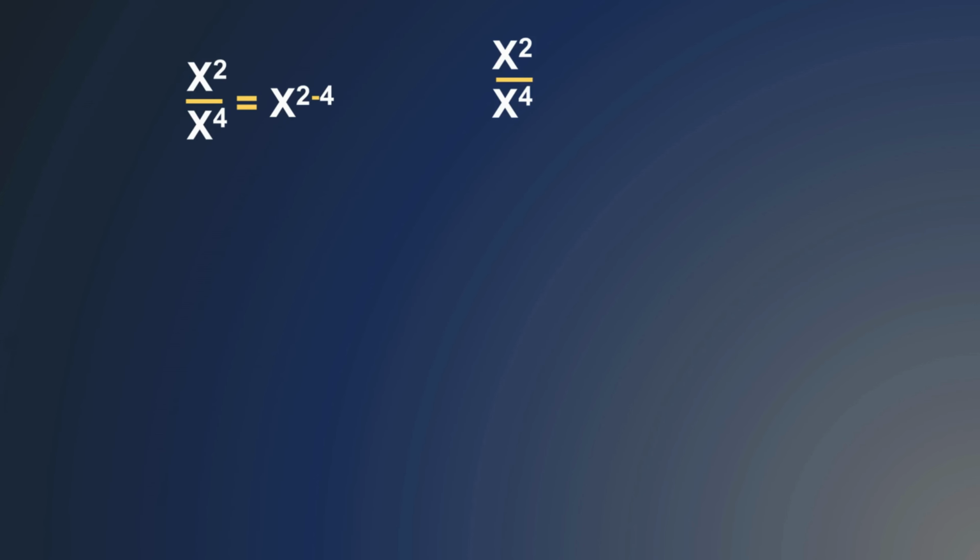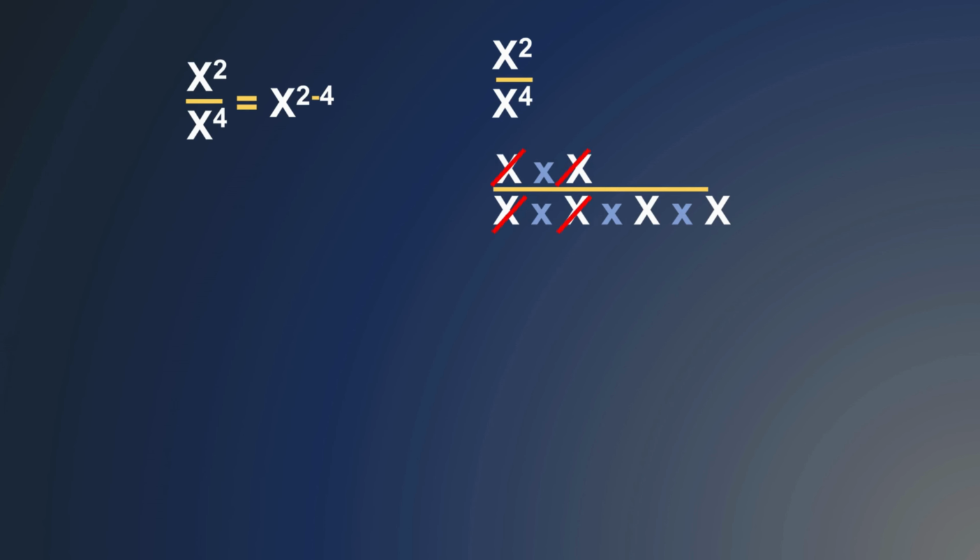On the top, x to the power 2 would be the same as 2 x's multiplied together. And on the bottom, x to the power 4 would be the same as 4 x's multiplied together. Once again, we see that there are pairs of common factors that we can cancel, 2 pairs to be precise.